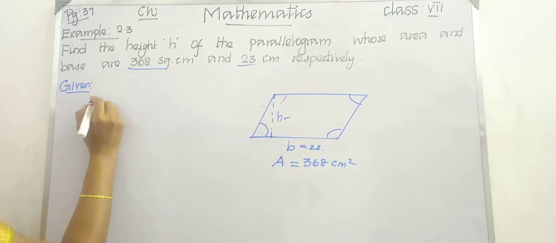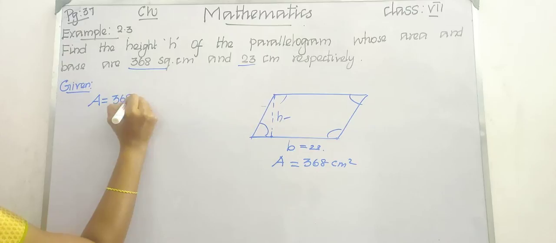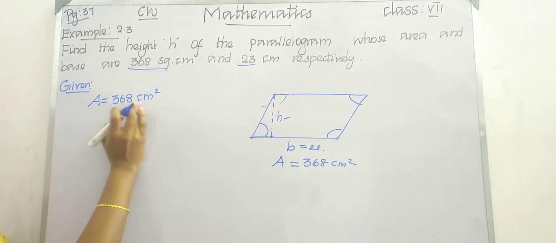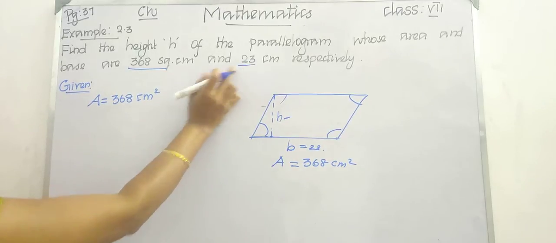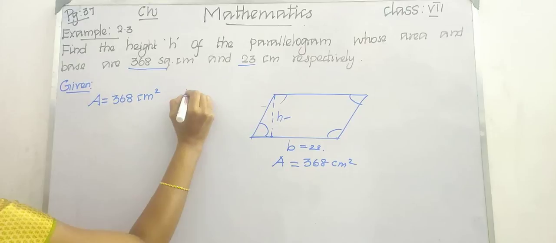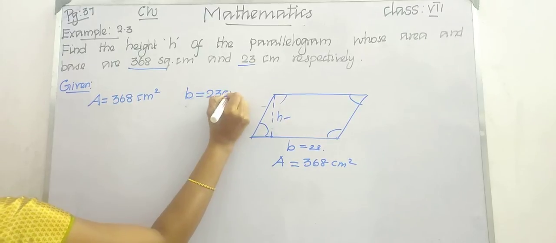Area equal to 368 centimeter square, and also the base is given. Base we can write as small b. Base equal to 23 centimeter.